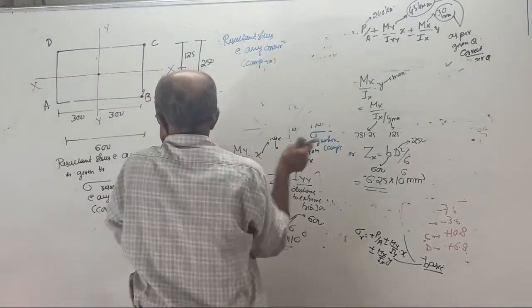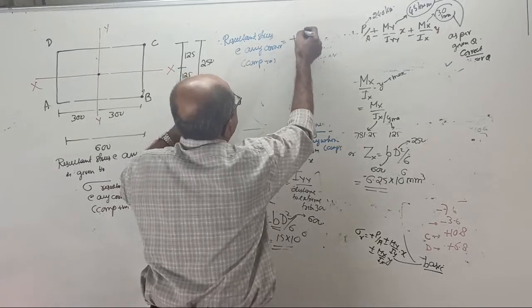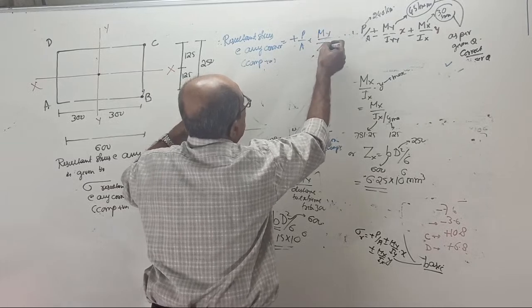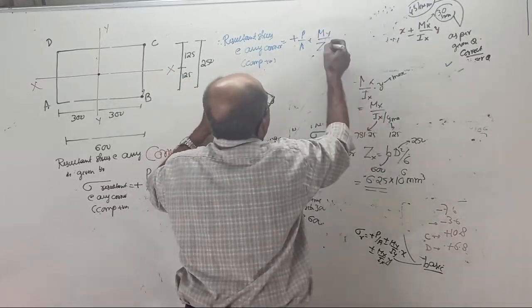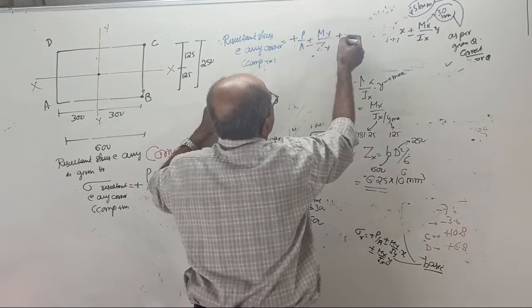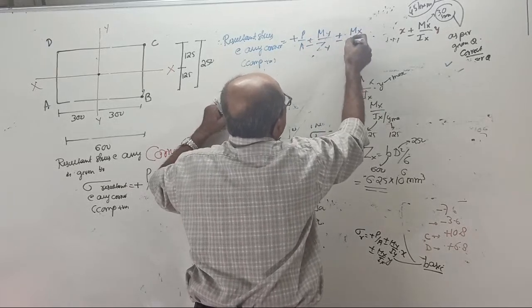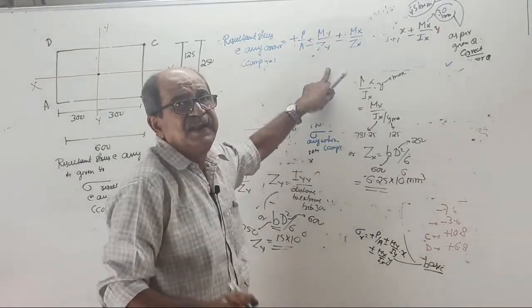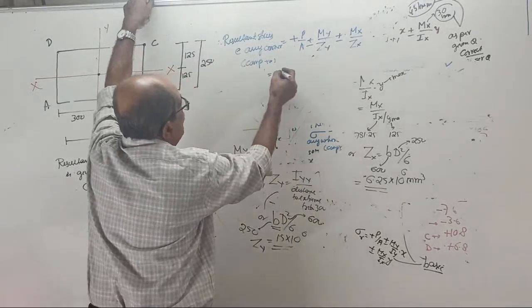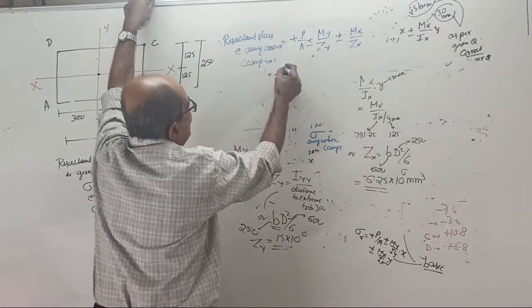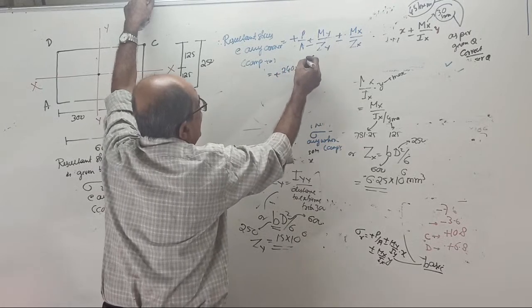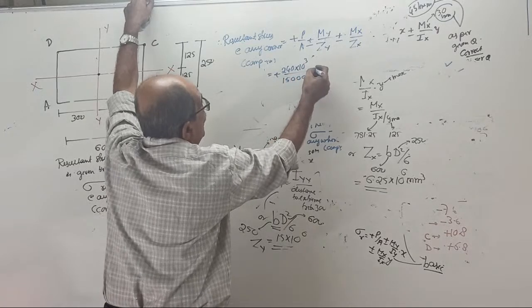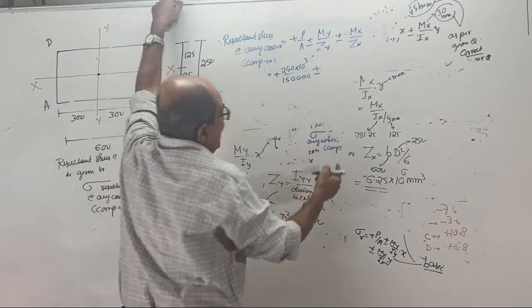The formula is, I wrote already, P by A plus or minus M about Y by Z about Y plus or minus M about X by Z about X. You know M by I into Y, but here it is M by Z. If you substitute, P is plus 240 times 10 to the power 3 divided by area, 150000, plus or minus M about Y.